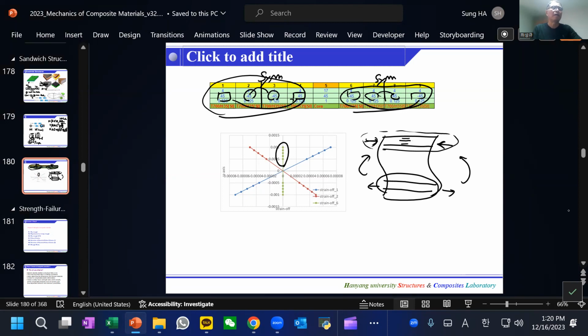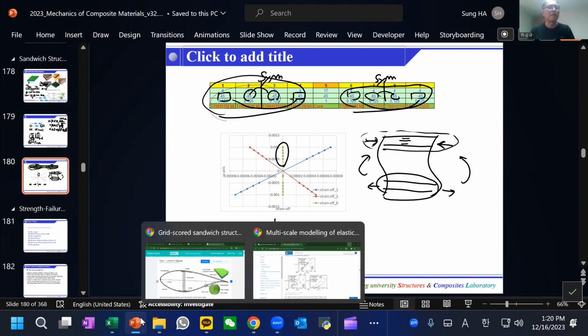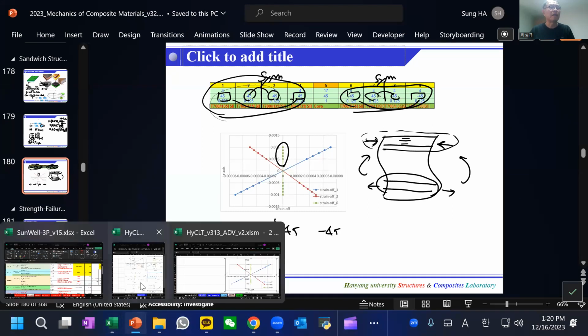But if this is 45 and minus 45 and 45 and minus 45, this is not symmetric, right? If you look at it, then some shear stress will be generated.